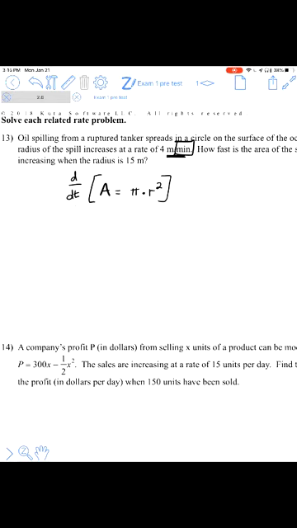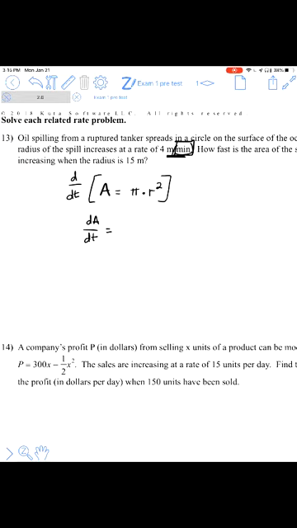That's what makes this implicit differentiation. So this implies the radius is a function of time, which it is because it's increasing at a rate compared to time. So the derivative of A with respect to time is dA/dt. That's going to give us the rate of change in area in terms of minutes.